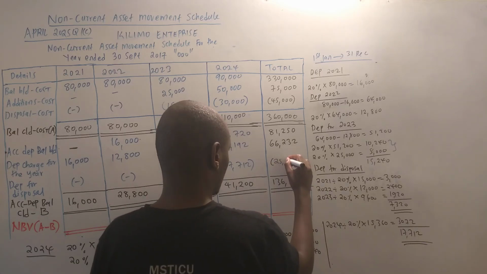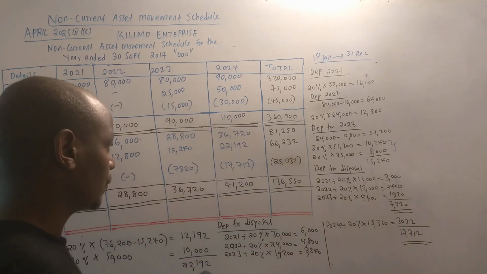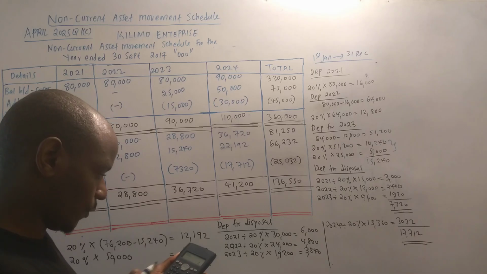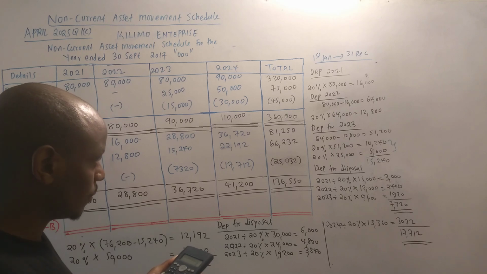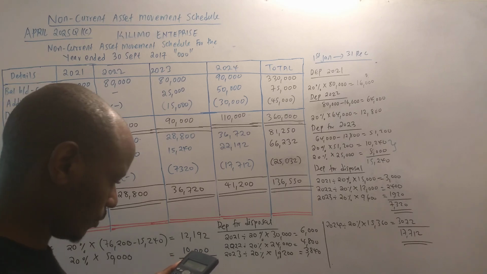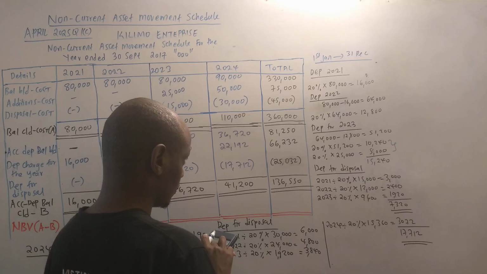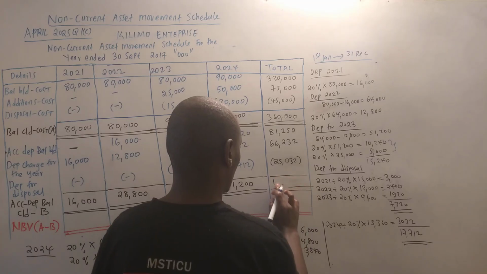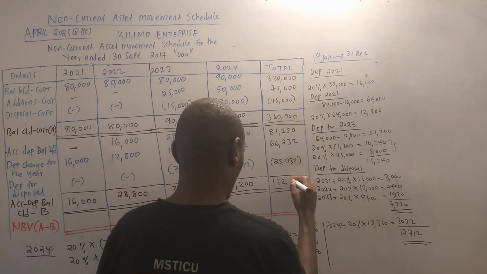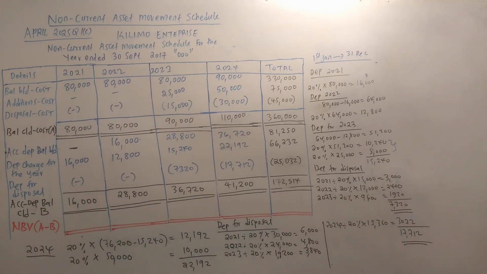This is supposed to be 25,032. So that will be 81,150, 66,232, 25,032. So 172,514. I hope it's the same with the other one.